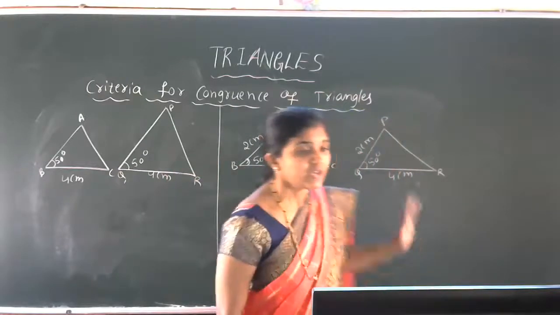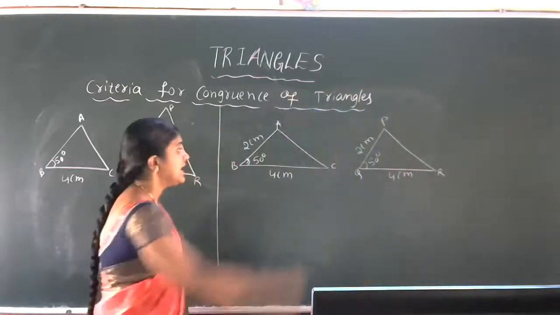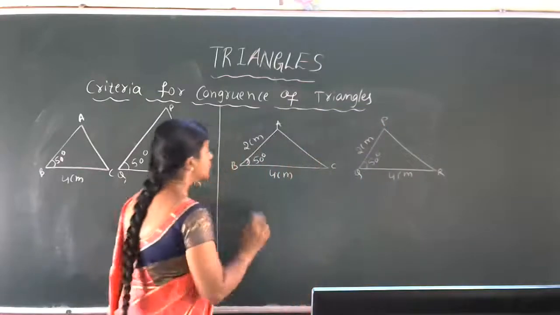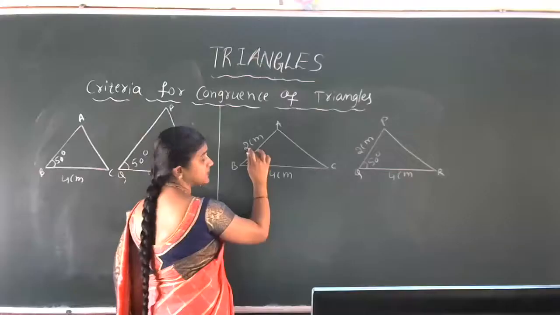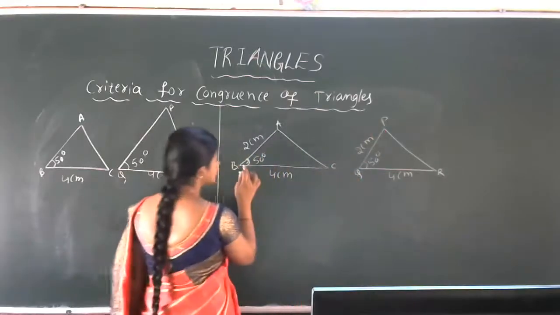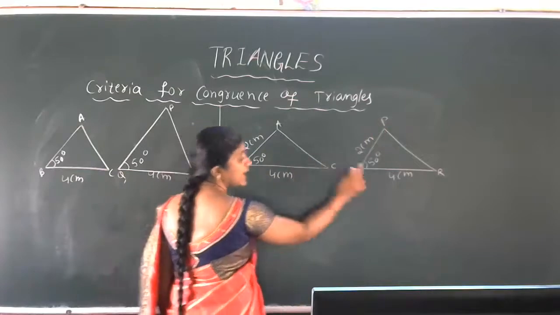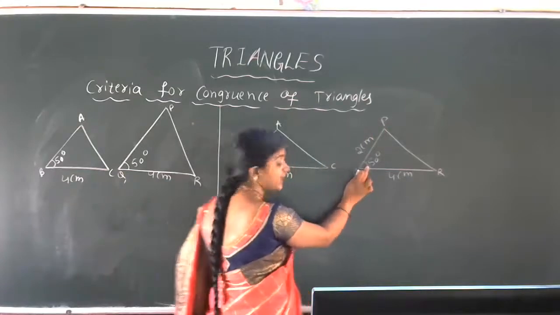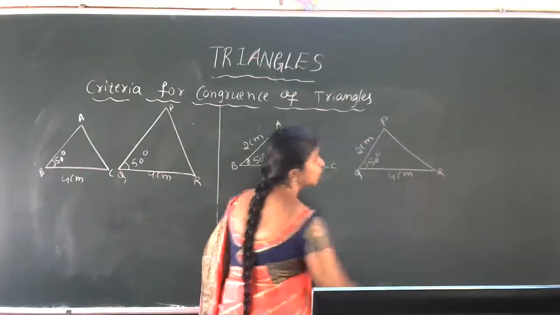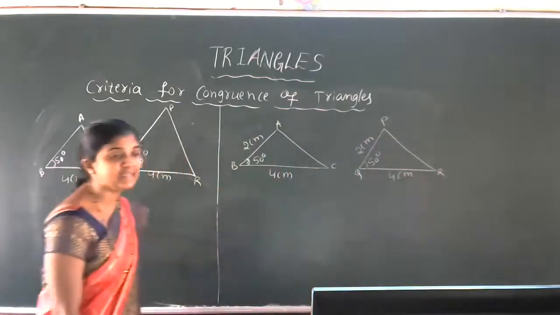Now let us come to this section. Triangle ABC and triangle PQR. What we are observing is AB side is 2 centimeters, here PQ side is 2 centimeters. Next, angle ABC is 50 degrees, angle PQR is 50 degrees. Then BC side is 4 centimeters, QR side is also 4 centimeters.